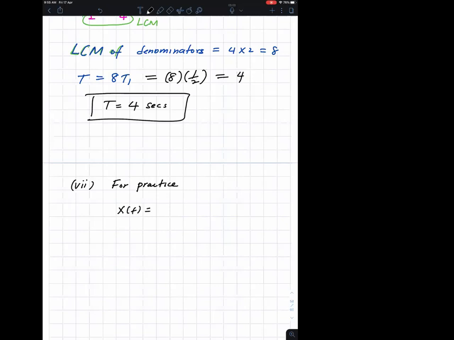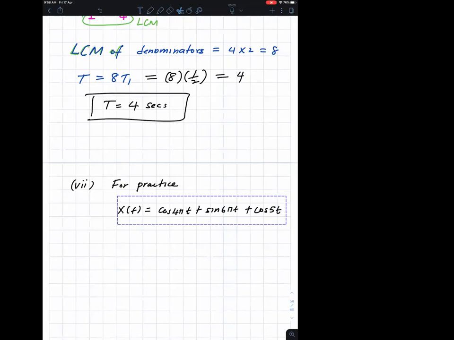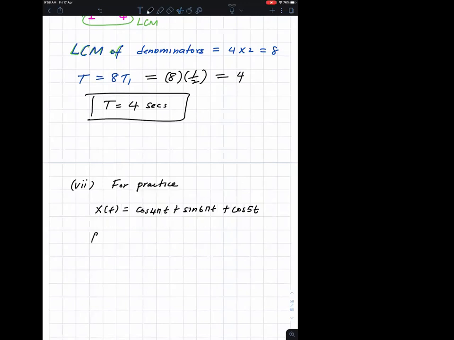It's cosine 4 pi t plus sine 6 pi t plus cosine 5t. Is it periodic?